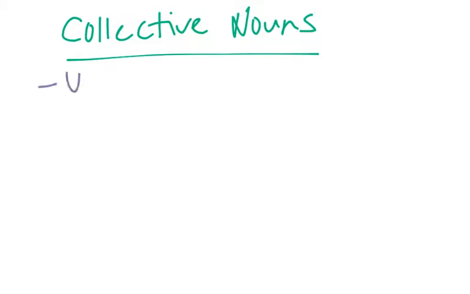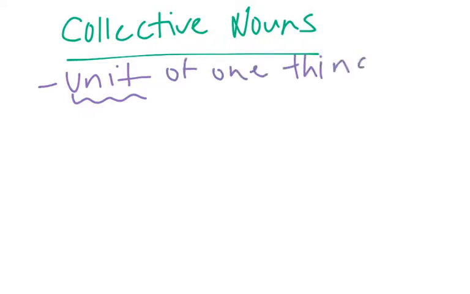It is considered a unit of one thing. However, even though it's a unit, this is what's interesting about collective nouns. We think about collective nouns as actually a group including multiple things, multiple objects, people, and things like that.